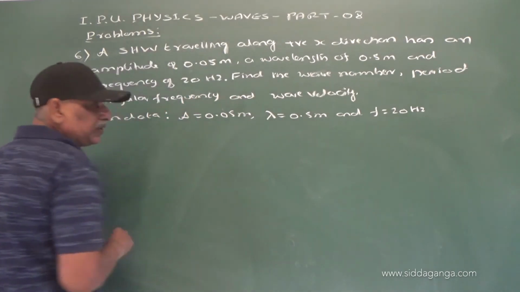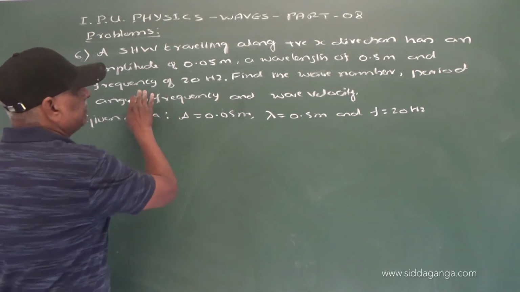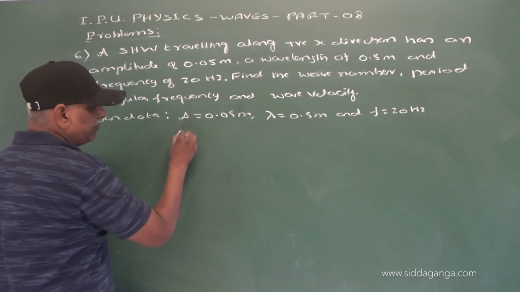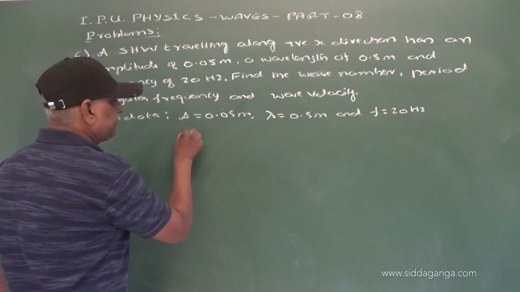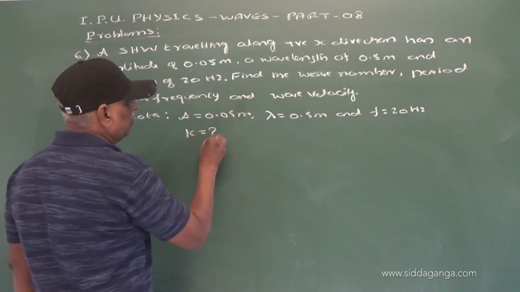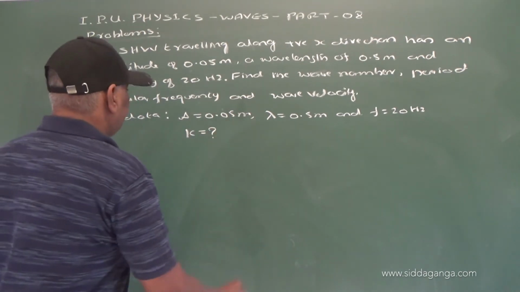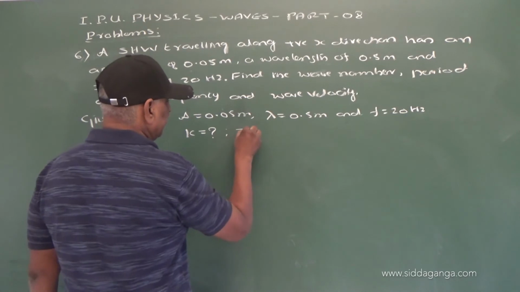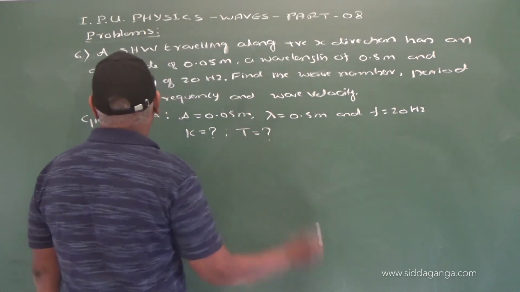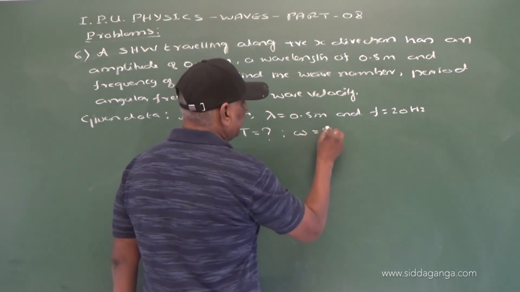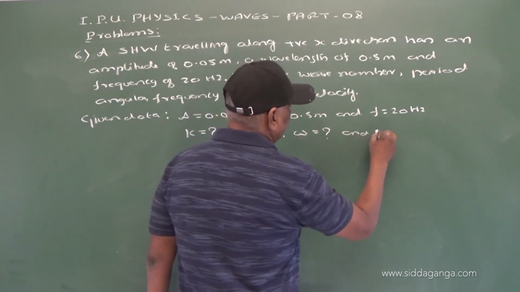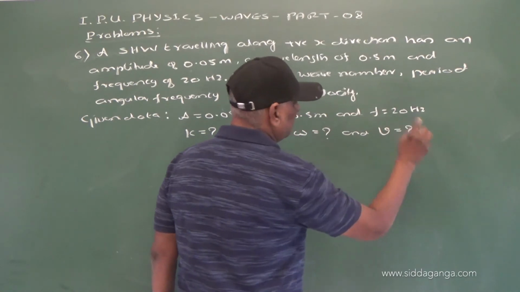Now what we need to calculate? We need to calculate wave number. Wave number means here propagation constant. k is equal to what? Period T is equal to what? Angular frequency omega is equal to what? And wave velocity v is equal to what?